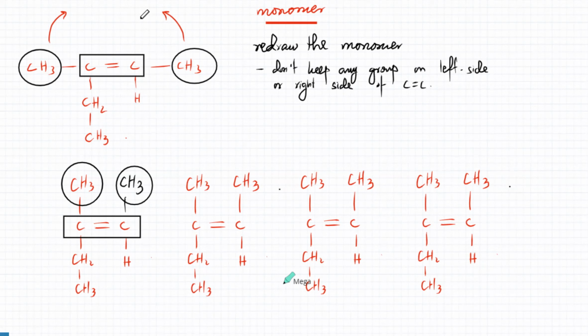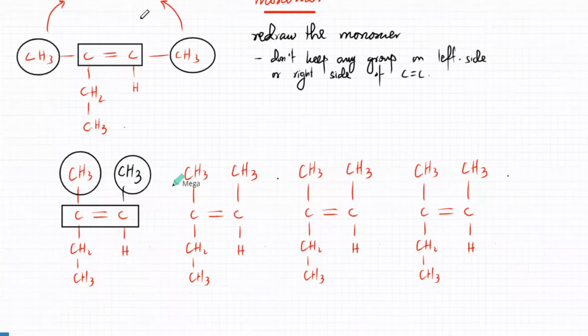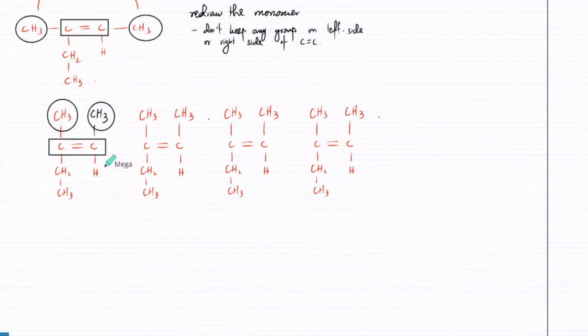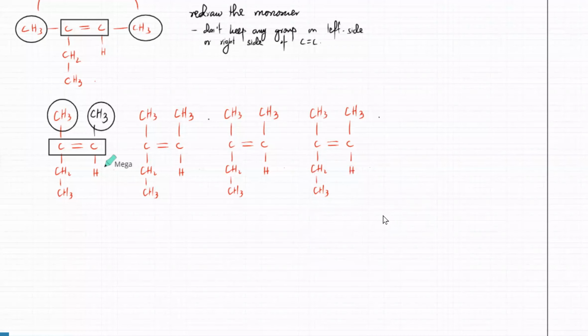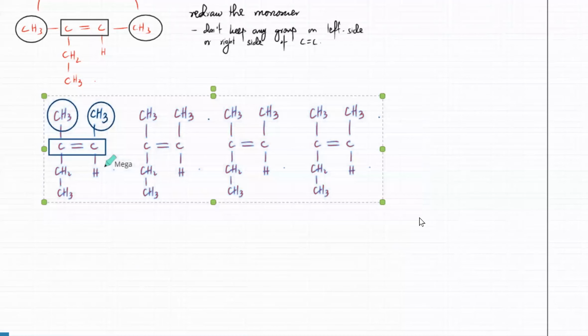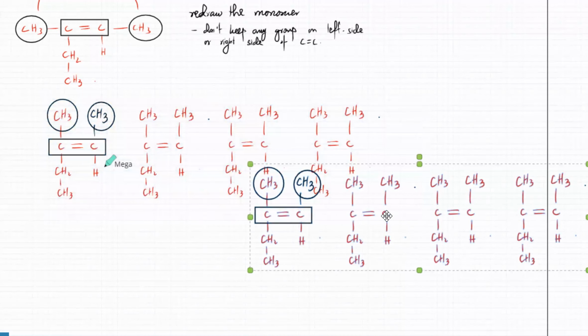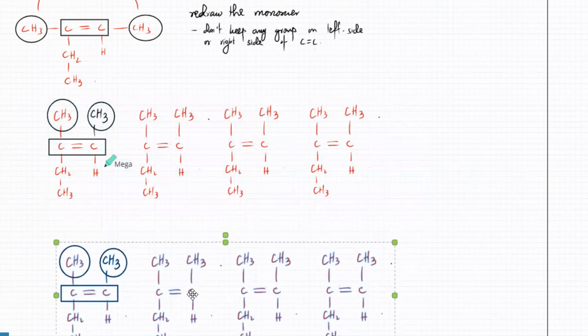Yes, sir. And the whole purpose of doing that was so that it becomes easier to connect them together, because the double bonds would react with each other. So the next step would be easy. If I have, let's say, 4 monomers join up, the 4 monomers would connect with each other. Their double bonds would connect with each other.